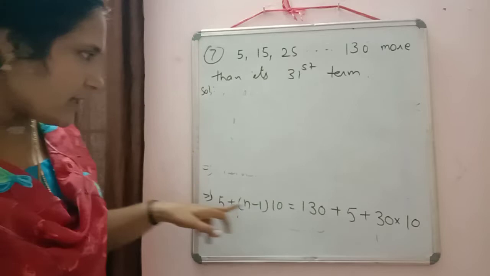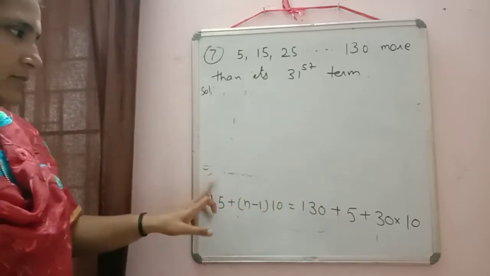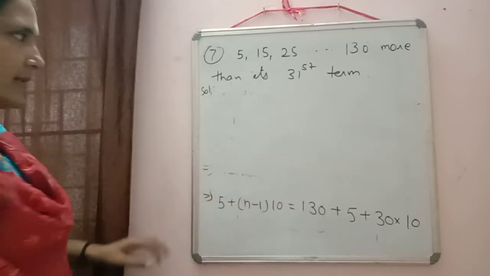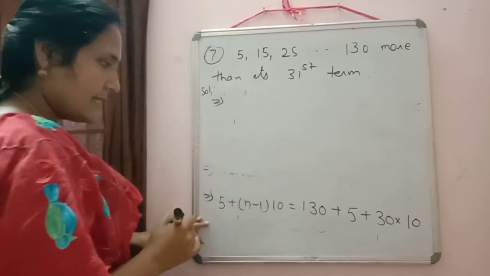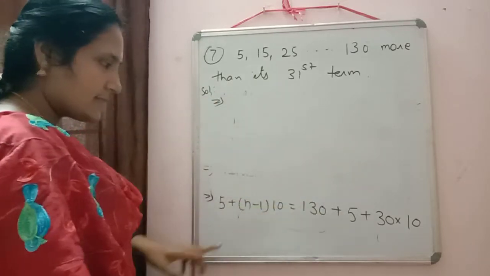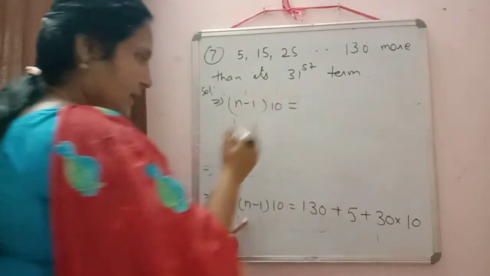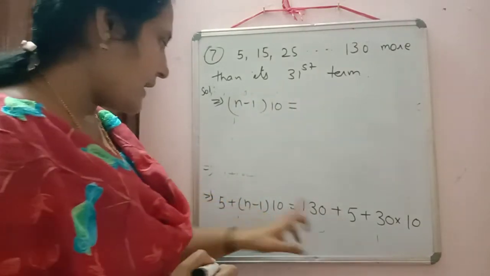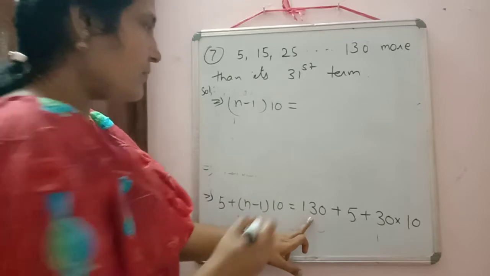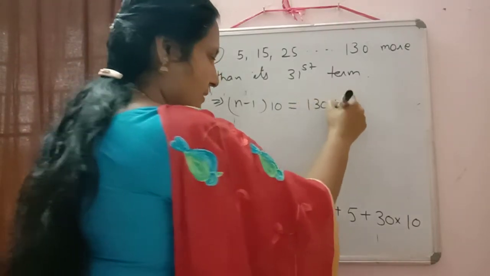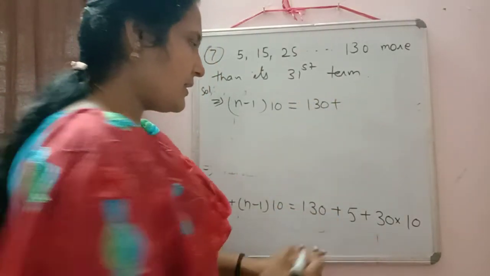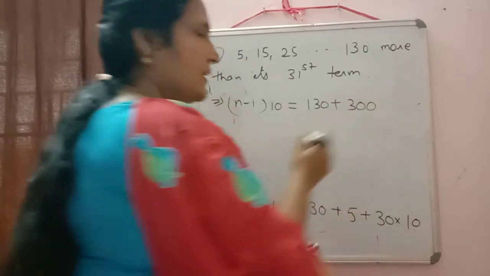As you can check, 5 and 5 will get cancelled there. We are not showing the cancellation in the next line. N minus 1 into 10 remains here. On the right hand side, 130 plus 30 into 10, which is 300.